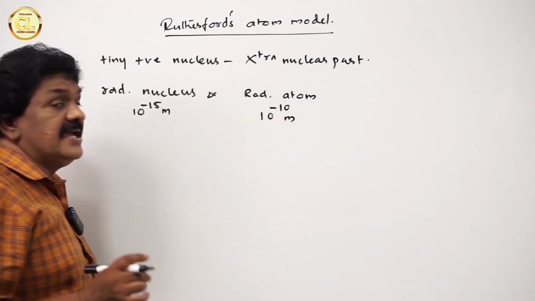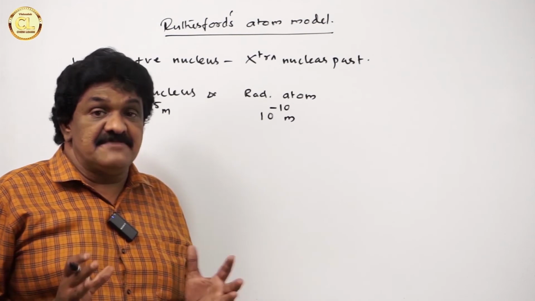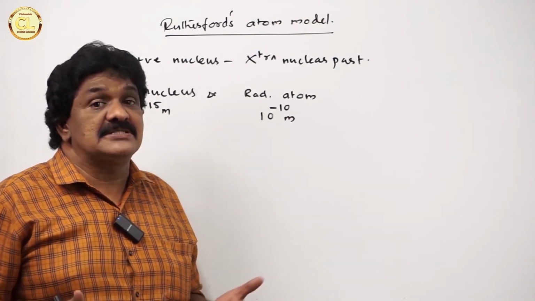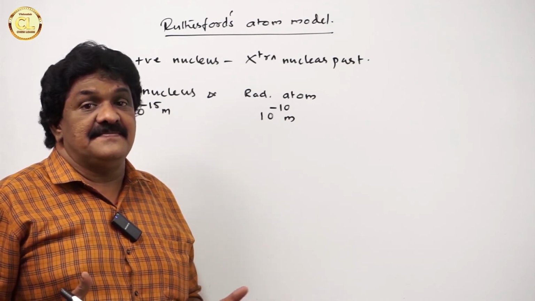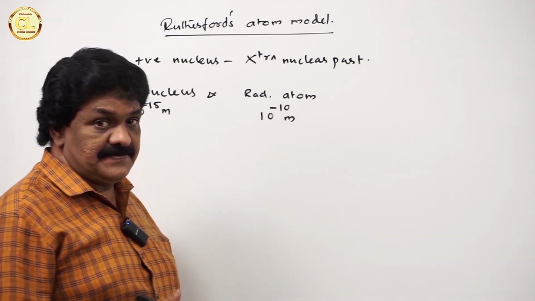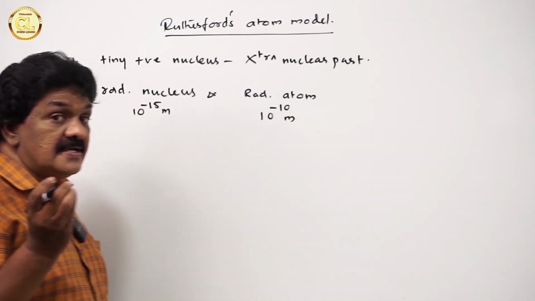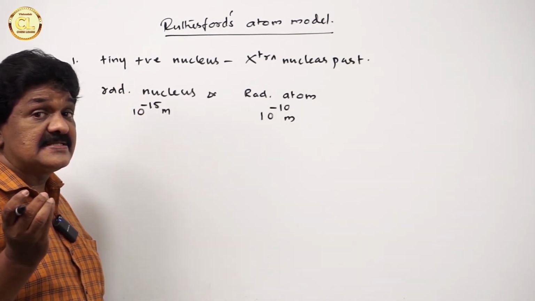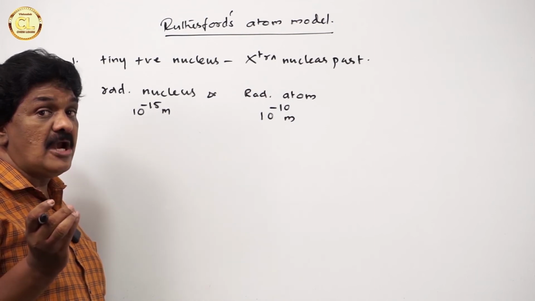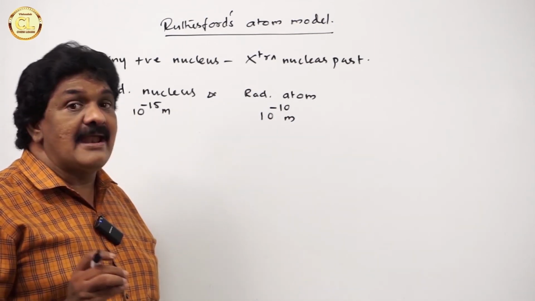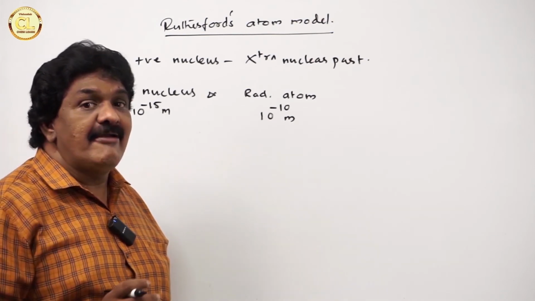That is, the size of the atom is about 10 raised to 5 times larger than the size of the nucleus. In simple way, we can say that nucleus of the atom is just like a cricket ball placed at the center of a ground or playground of 5 kilometer radius.